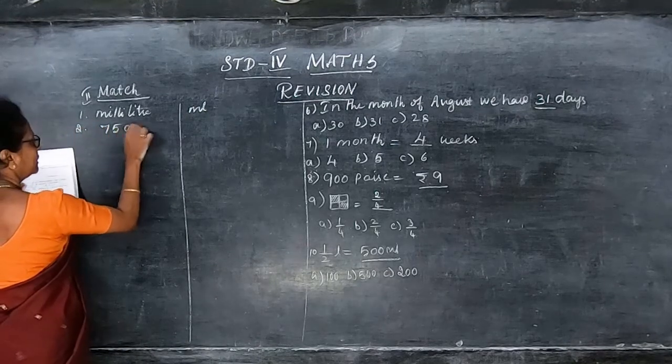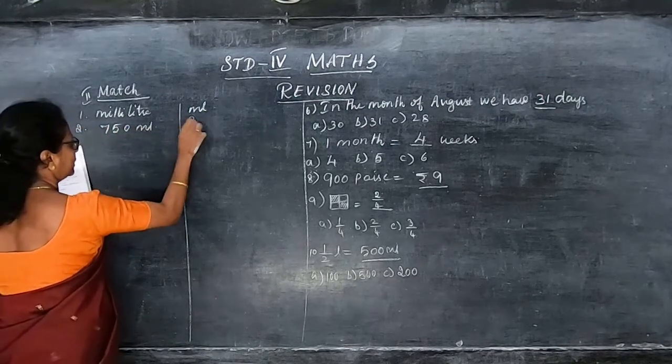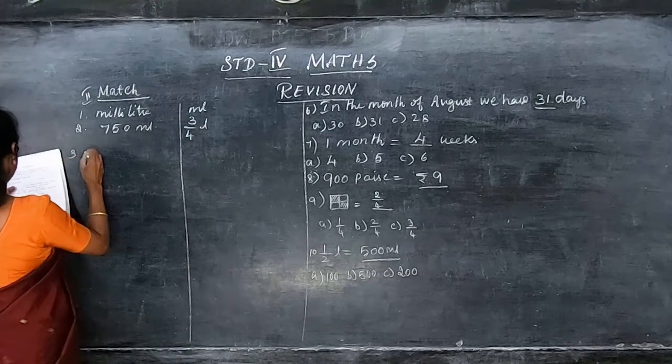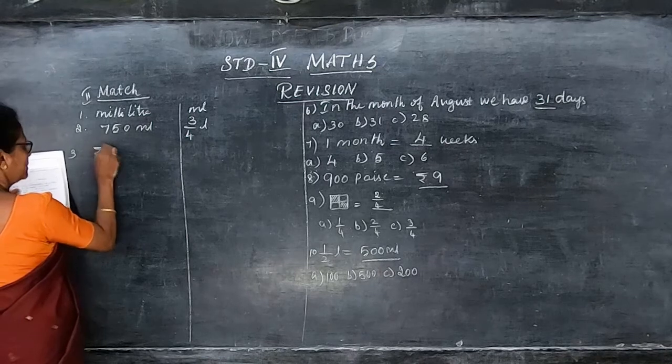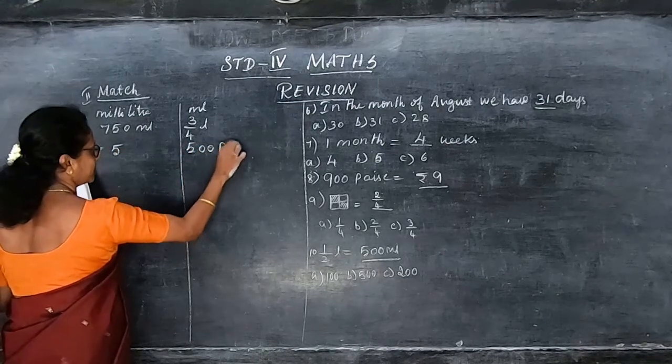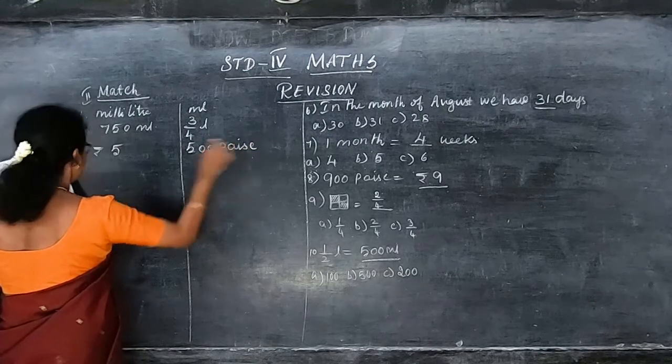Then 750 milliliter is 3 by 4 liter. And third one is rupees 5, that is 500 paise. So we can change the numbers also and give.